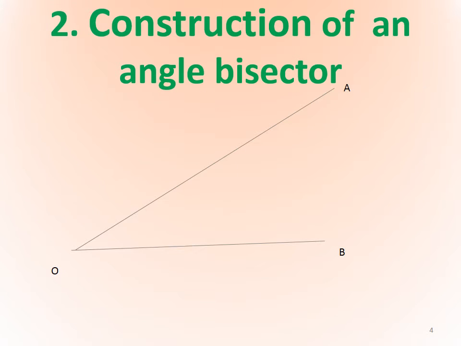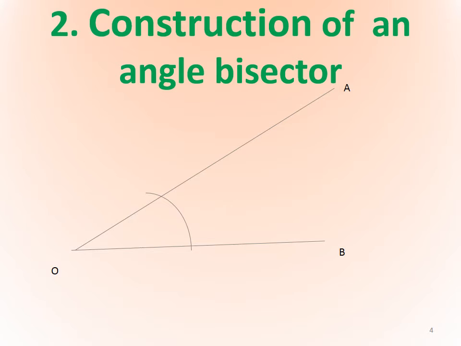Second one, construction of an angle bisector. You have been given two intersecting sides OA and OB. Take a length which is less than OA and OB onto the pair of compasses. Take O as the center, draw an arc such that it intersects both OA and OB.